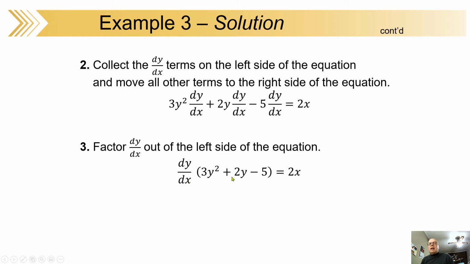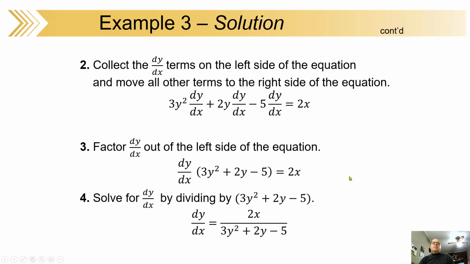So divide this side by the 3y squared plus 2y minus 5, and also divide it over here. What do we get? We've got dy dx. How about that? There's our 2x on the top, which was on the right-hand side, and what we divided by, the 3y squared plus 2y minus 5. Bingo, you got it.